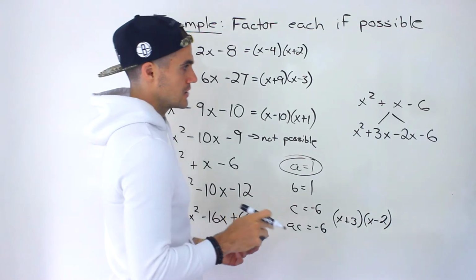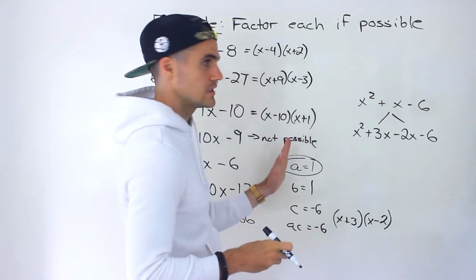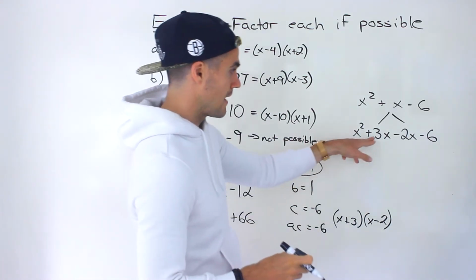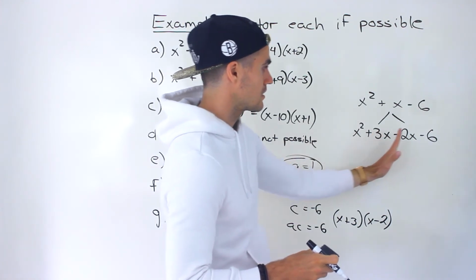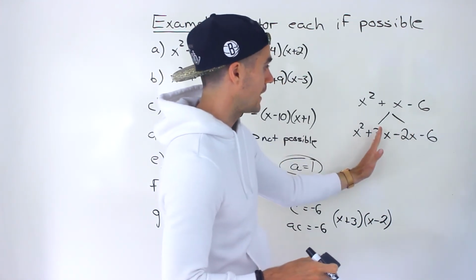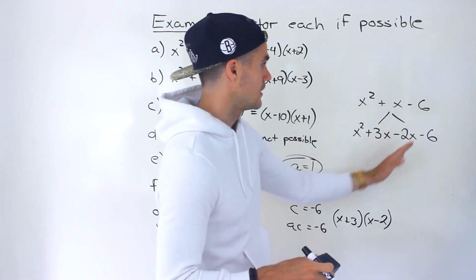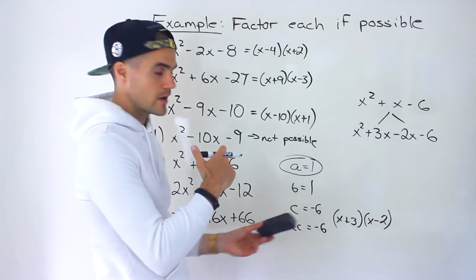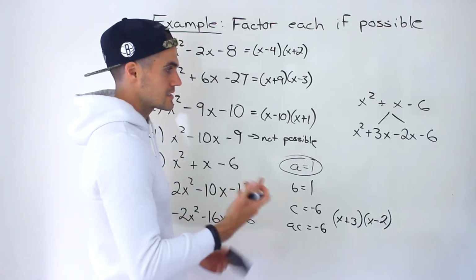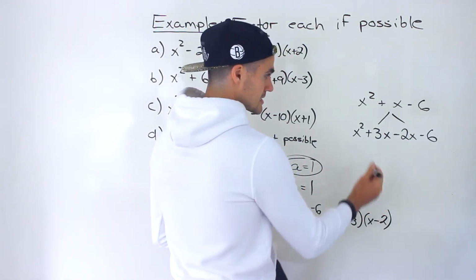Another thing I want to mention, as I did in previous videos, is that it doesn't matter which order you put these, whether we put the +3x here and the -2x here, or the -2x and +3x here. Maybe with this one I'll show you both ways. It's the same process, you should get the same answer.